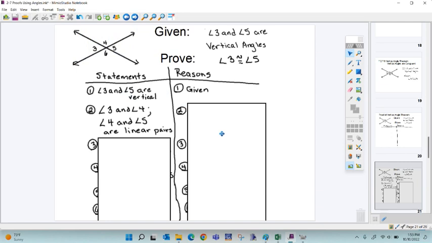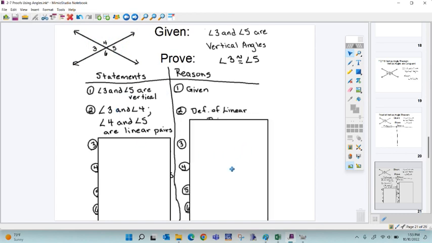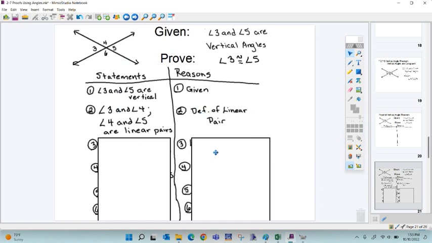It's not really given to us, but when you are just taking something and saying, well, I'm putting this into the proof because that's what it is, we say that that's a definition. So the definition of linear pairs tells us that, okay, I've identified this in the picture, so the definition of linear pairs says that they are like this.